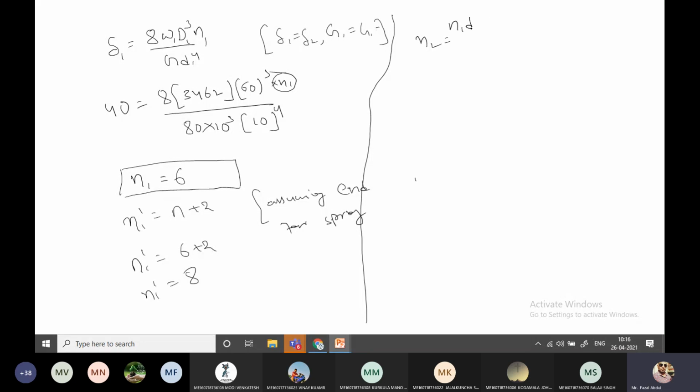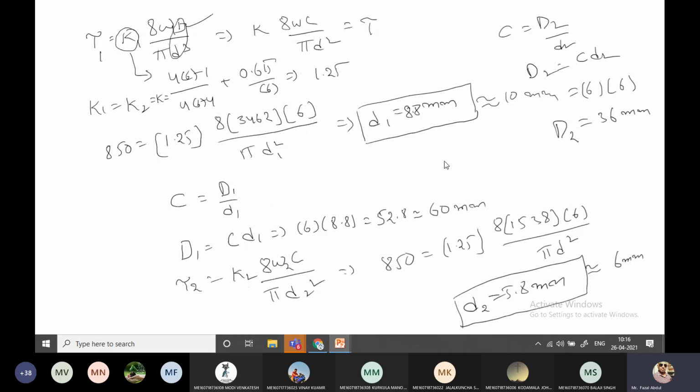That is N1 dash D1 equals N2 dash D2. With this relation, we can get the N2 value. N2 dash equals N1 dash D1 by D2. So N2 dash equals N1, just now we got 8, times D1 by D2. How much is D1 by D2?